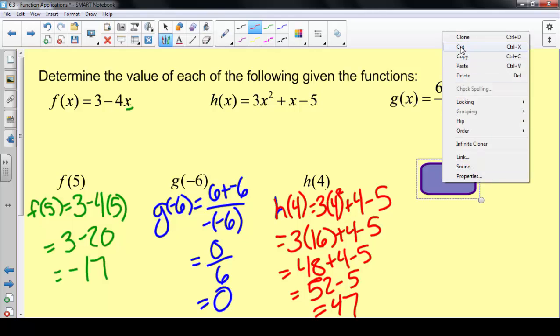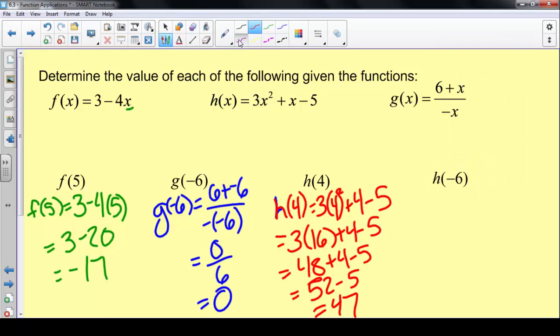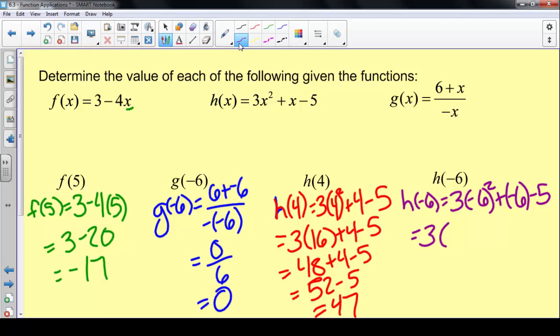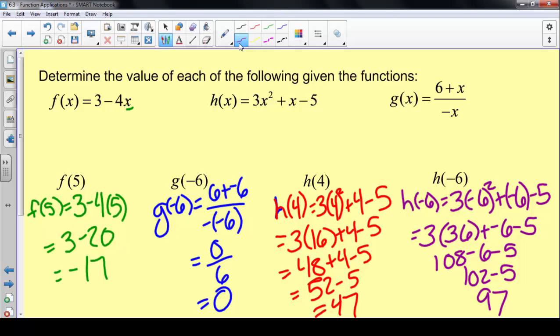And then this last one, we're still using h. -6 squared is 36. We get 97.